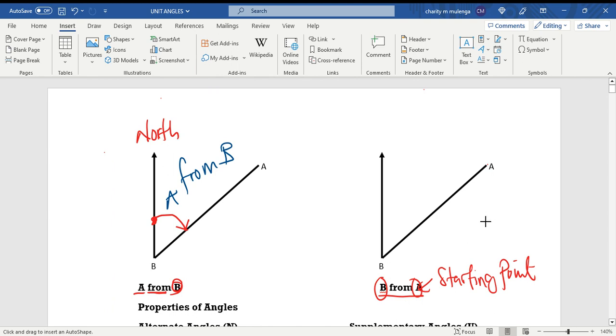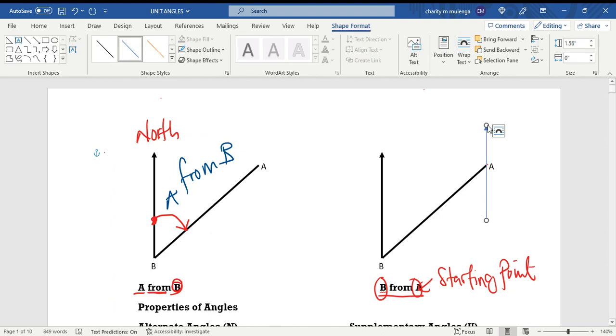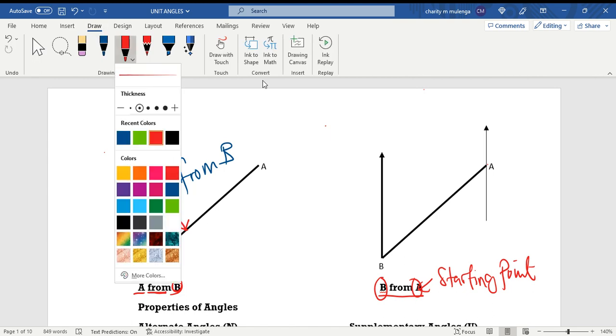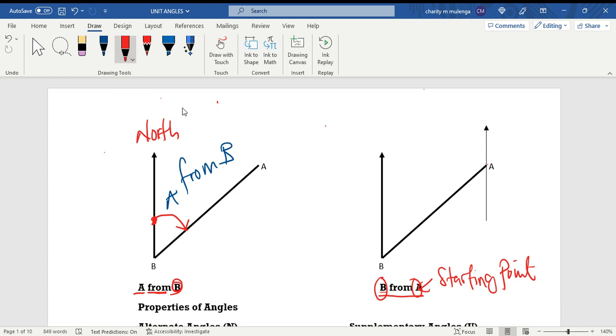We sketch the north line like that. So we have sketched the north of A. Are you with me?